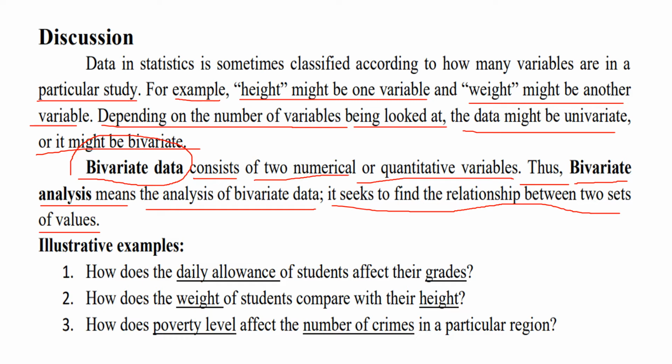In motoring, we can collect from different cars their ages and their mileage. With these given examples, in every example, there are two variables involved that we can check, and we can assess if there's an existing relationship between these two variables.